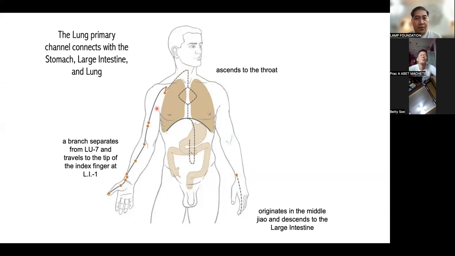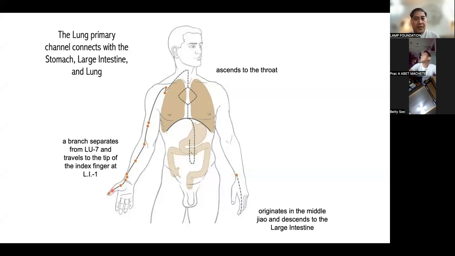Reaching the elbow, it continues along the anterior aspect of the forearm to the anterior margin of the styloid process of the wrist. From there, it crosses the radial artery at the pulse, then extends over the thenar eminence, to the radial side of the tip of the thumb.